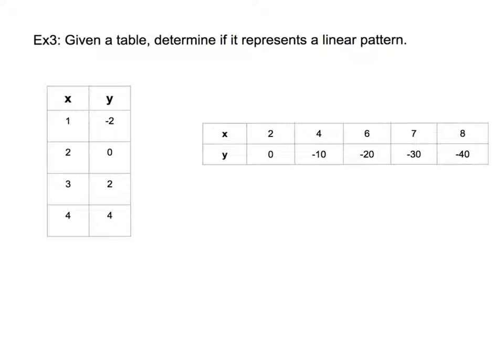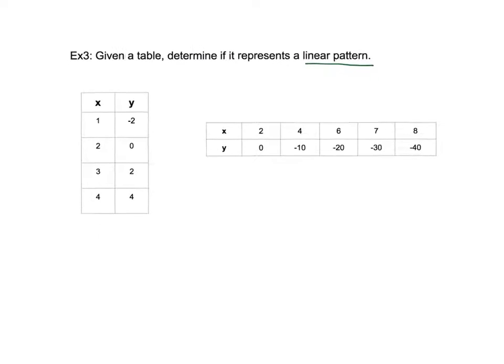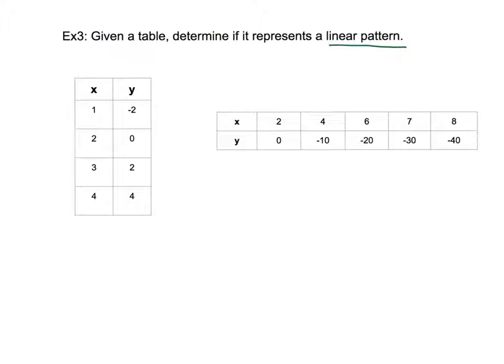Okay, so in this slide here, I have 2 tables, and we are given the table to determine if it represents a linear pattern. You can see with the x's here, as you move from the highest point to the lowest point, it looks like it's increasing by 1, right? Nothing too fancy. Increasing by 1.